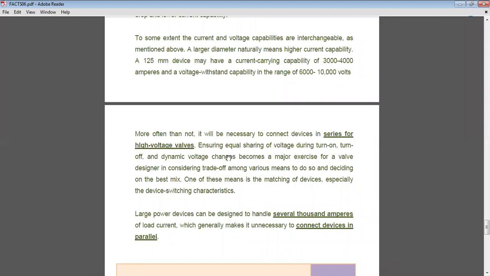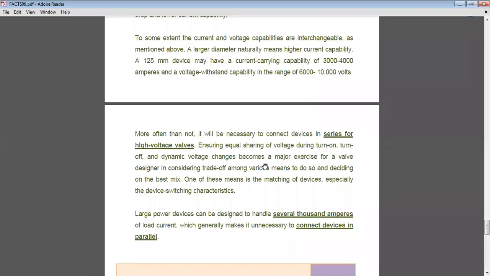But you have to see that while connecting in series or parallel, the dynamic characteristics must be equal. For example, once you give the firing pulse, if one turns on at a particular time and the other takes too much time to turn on, then you will get many problems in both series and shunt.